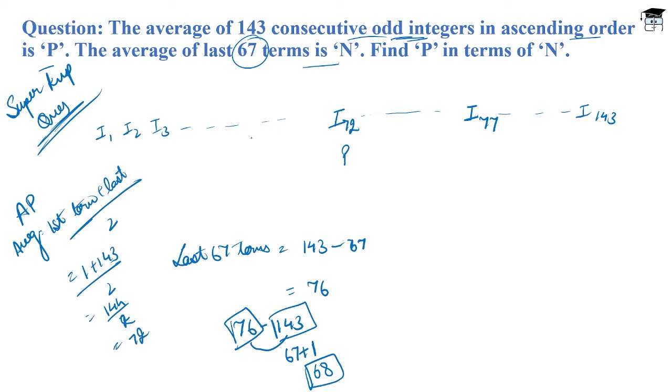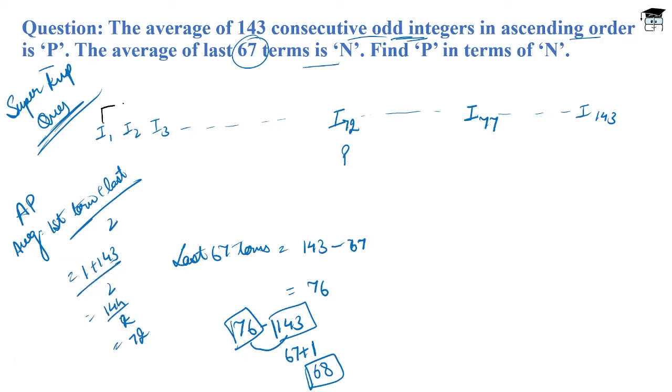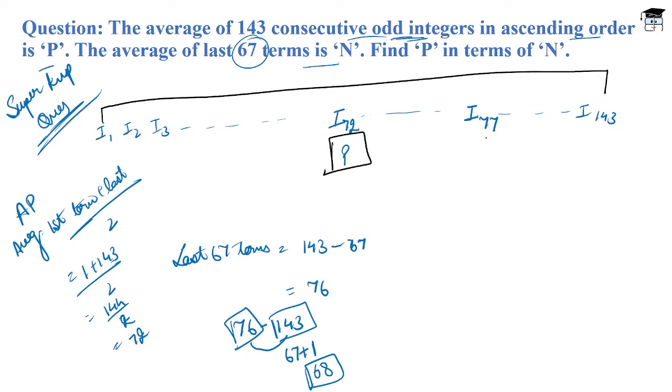And we know that the average of the whole 143 terms is P. When we talk about the average of the numbers from 77 to 143, the average of the last 67 terms is N. So the average here is N. I hope this is clear to you.